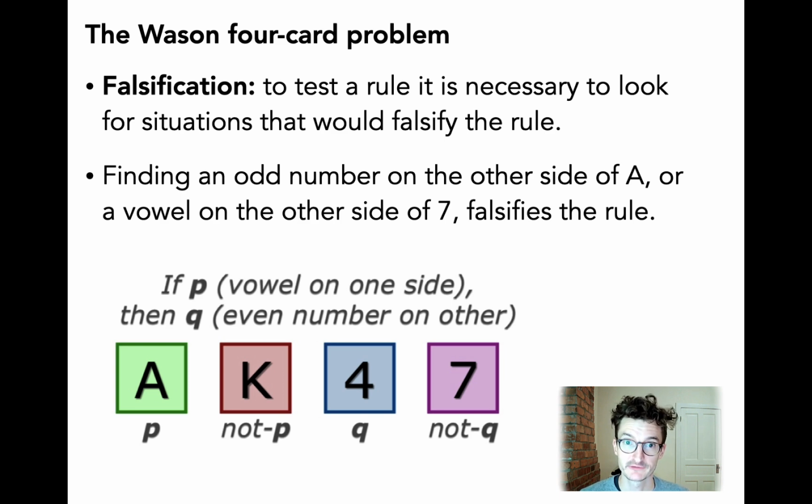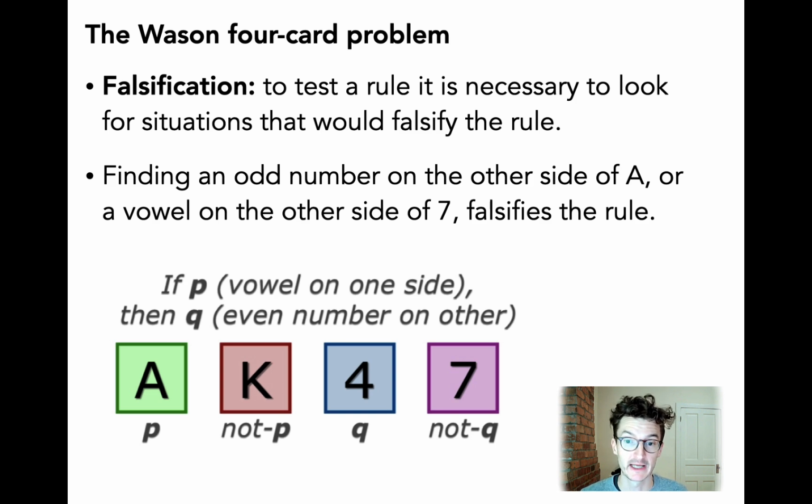So in this case, the key here is falsification. We talked a little bit about this last lecture. Wason was also interested in falsification, and he found that humans are very poor when it comes to looking for evidence to falsify their beliefs. And we see the same thing here.